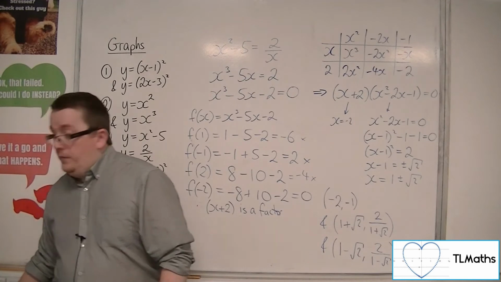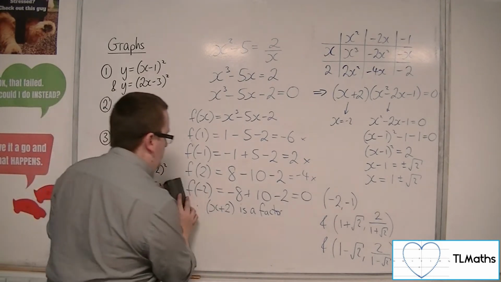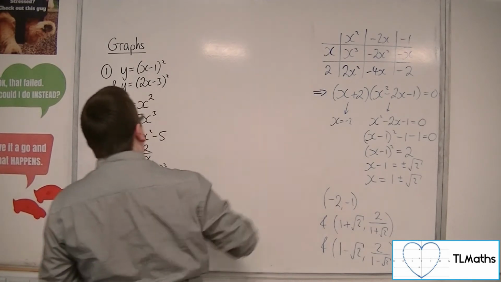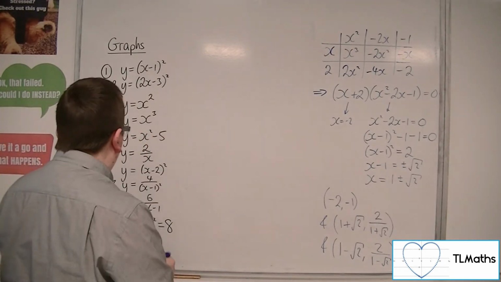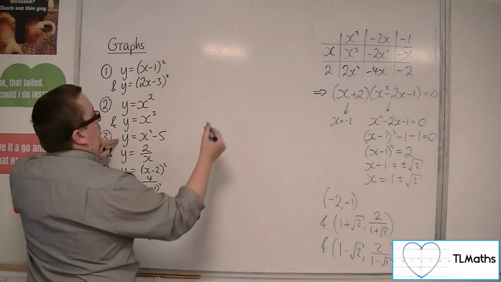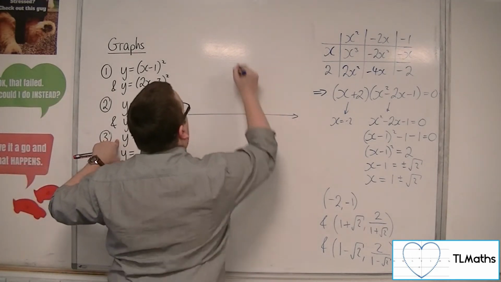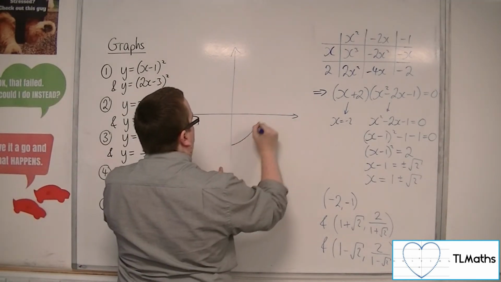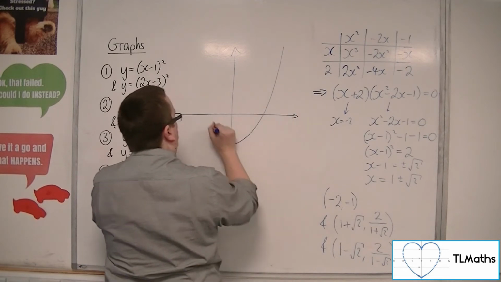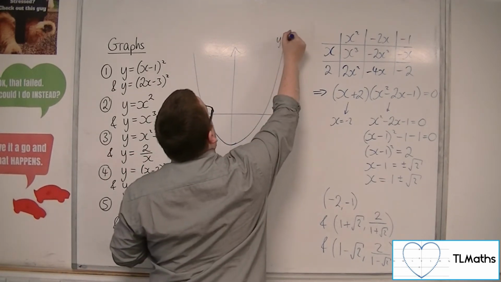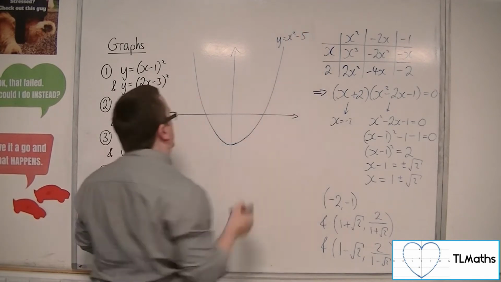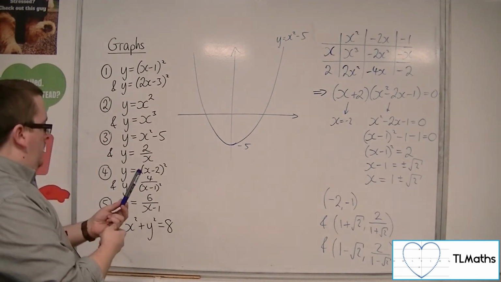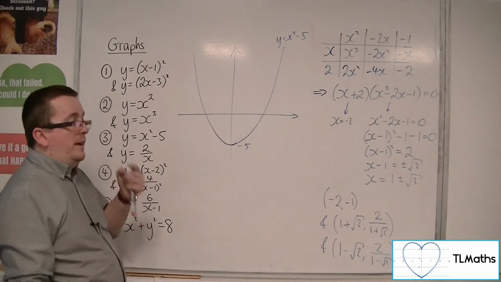So visually, what's going on? Okay, this is a little bit more fiddly to draw, but I'll have a go. So, what have we got? We've got this y is equal to x squared minus 5. So there's y equals x squared minus 5. Okay, so that's down at minus 5. And then you've got this 2 over x.